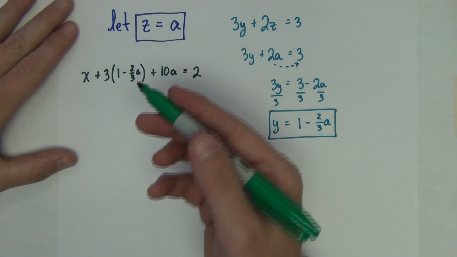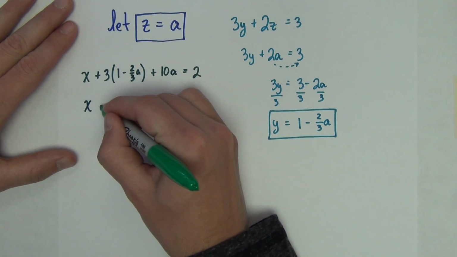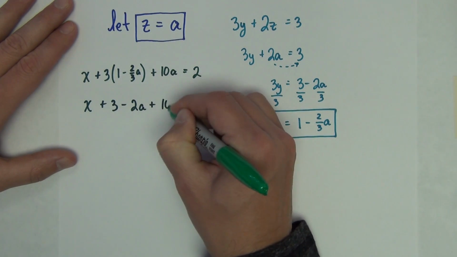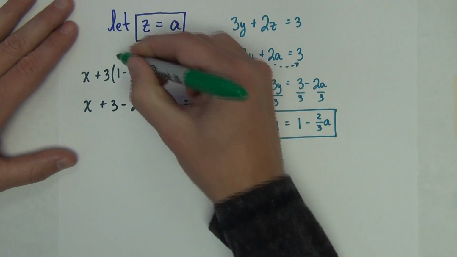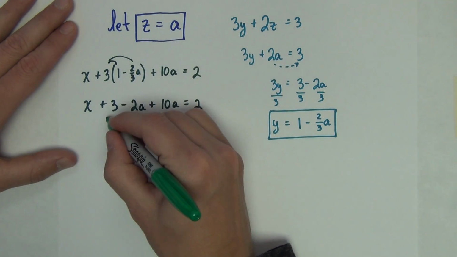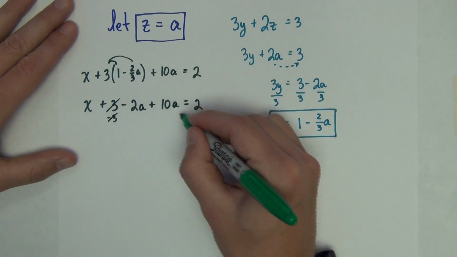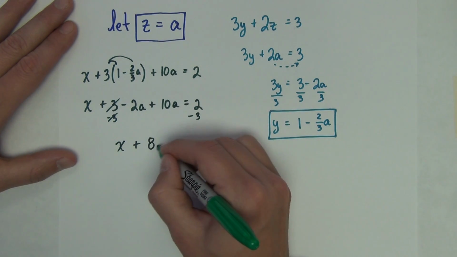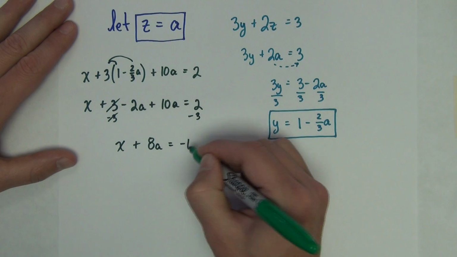Okay, so I'm solving this for x. I have x plus 3 minus 2a plus 10a equals 2. I just distributed here. So then I'm going to subtract the 3. So I've got x plus 8a equals negative 1.